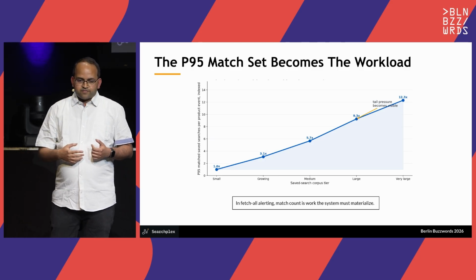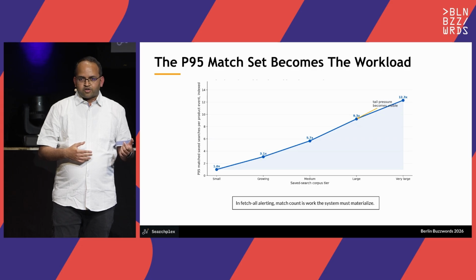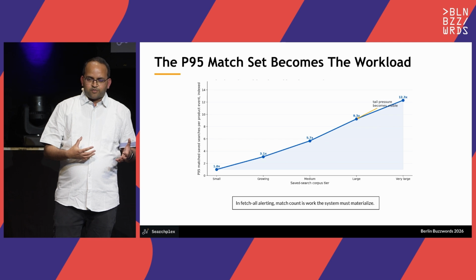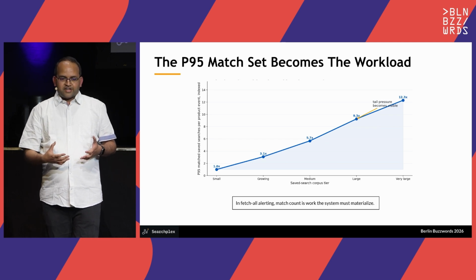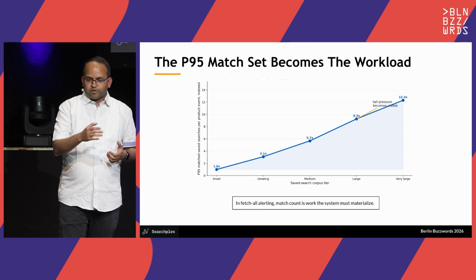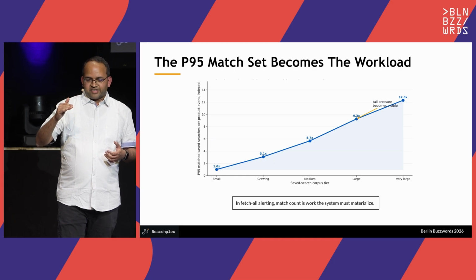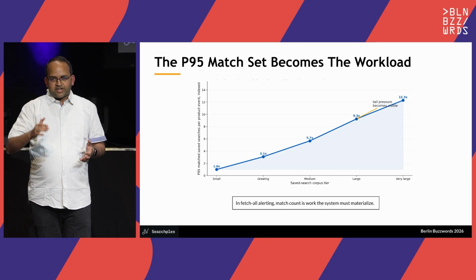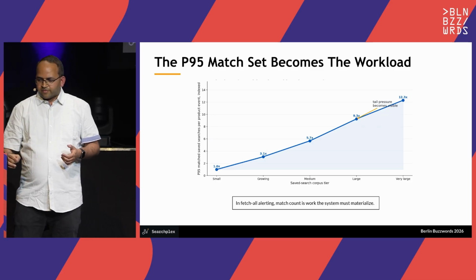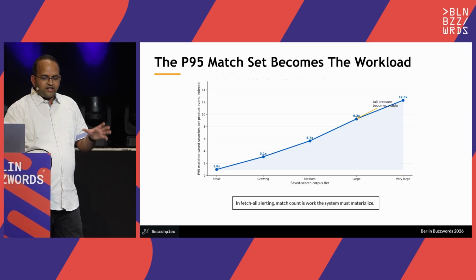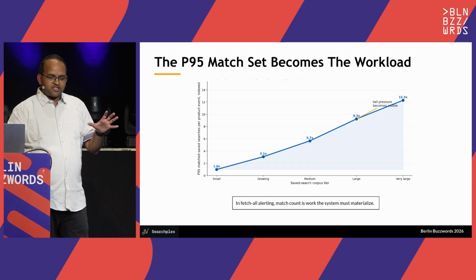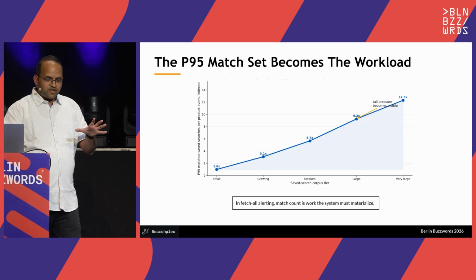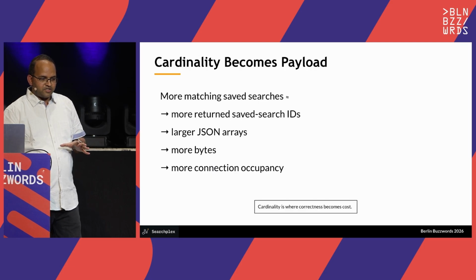And the P95 is what is going to decide how much your system can perform, because at some point you're going to start seeing the performance bottleneck rising if you have not sized for the P95 onwards. And here we are just talking about P95 as a match set size. And we'll come to how this matters further.